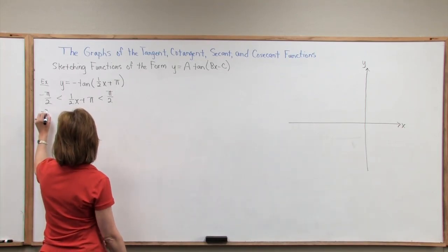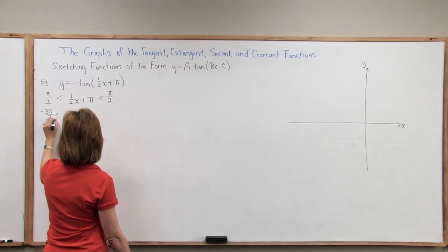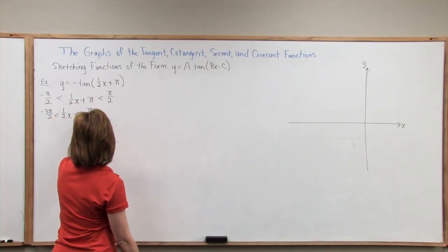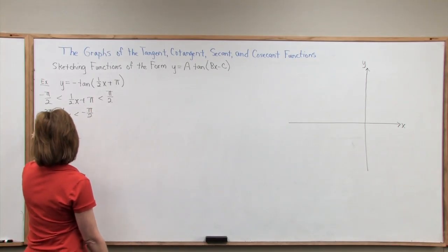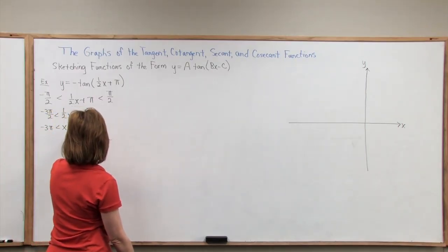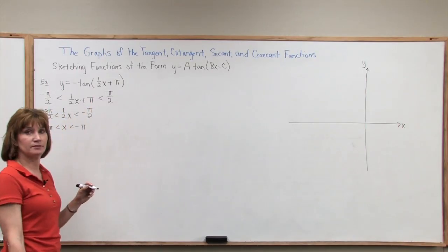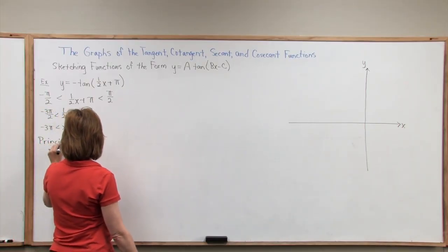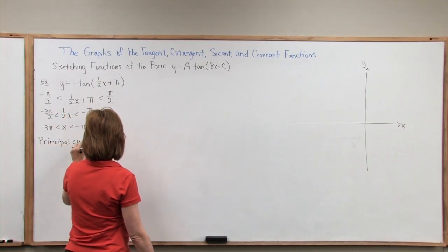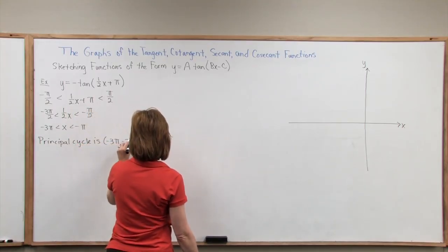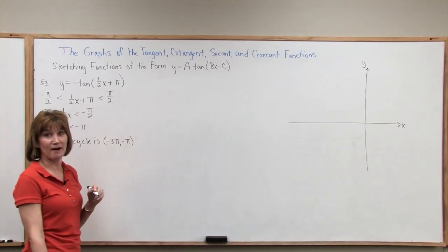So first I want to subtract pi. So let's see, now I need to multiply by 2. So now I know that the principal cycle for this function is negative 3 pi to negative pi.